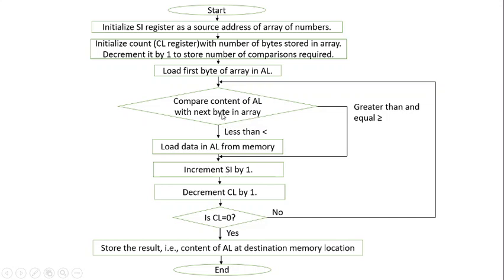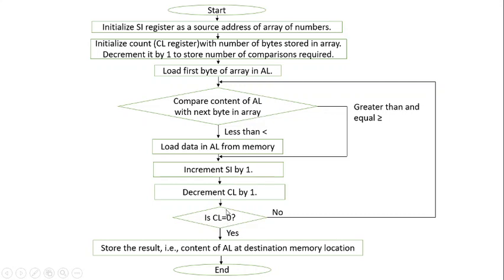Otherwise, if AL has a lesser value compared to the next byte, we will swap the data between the AL register and the memory location, and then come to this step, increment SI by 1. That means we will point to the next byte in the array. We will decrement the count register, which contains the number of comparisons. One comparison has been performed, so we decrement it.